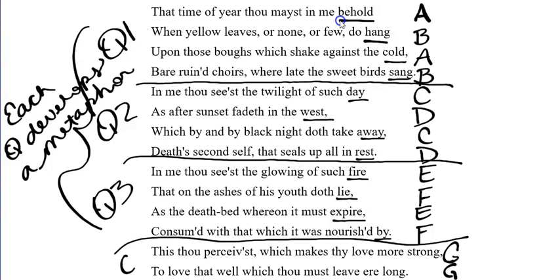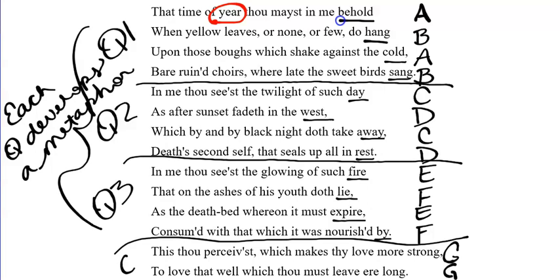So he says, "That time of year thou mayst in me behold." What he's doing is comparing his life, his entire life, not just this stage of his life, to a year in the first quatrain. So when we read the first quatrain, we're going to be looking at what details tell us what time of year it is.